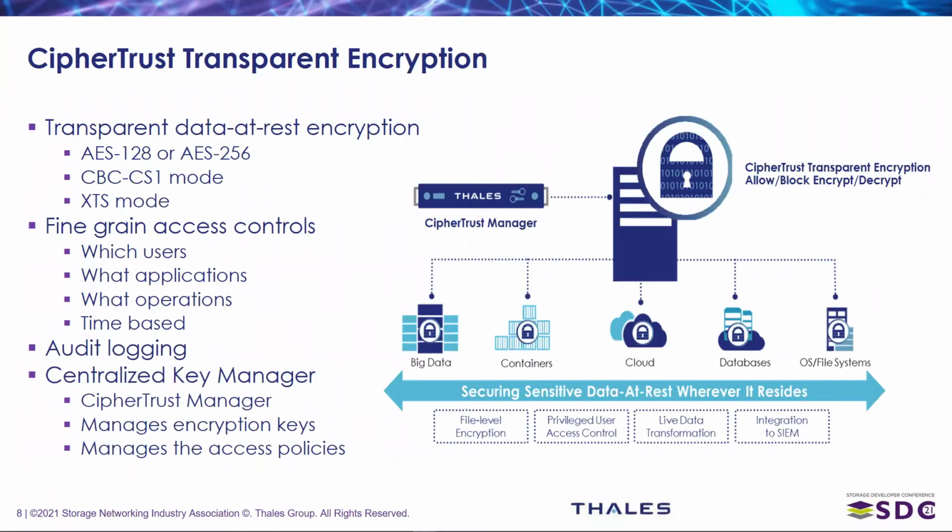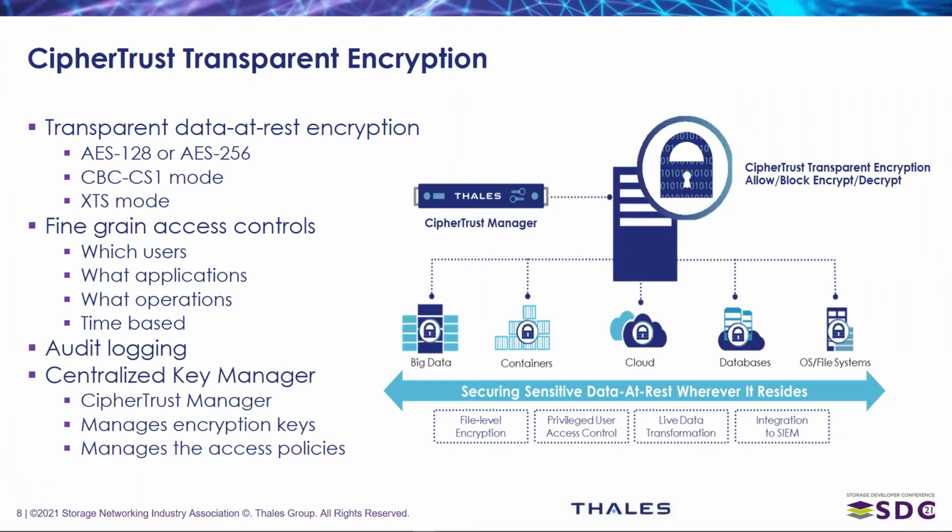So this essentially takes us to the Thales CipherTrust Transparent Encryption. As you can see, it has available all the layers of protection that we just mentioned in the previous slide.